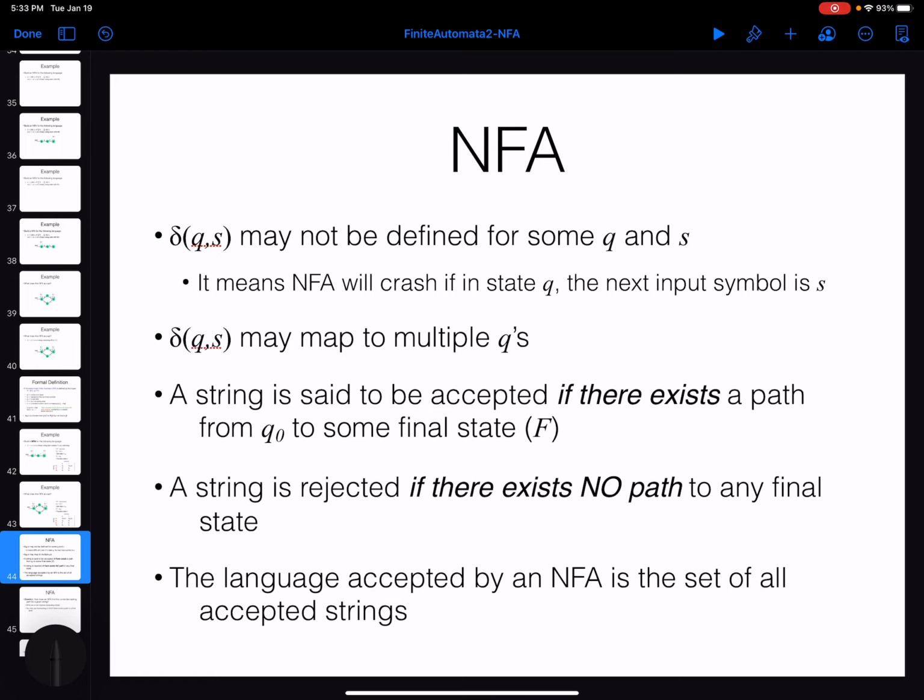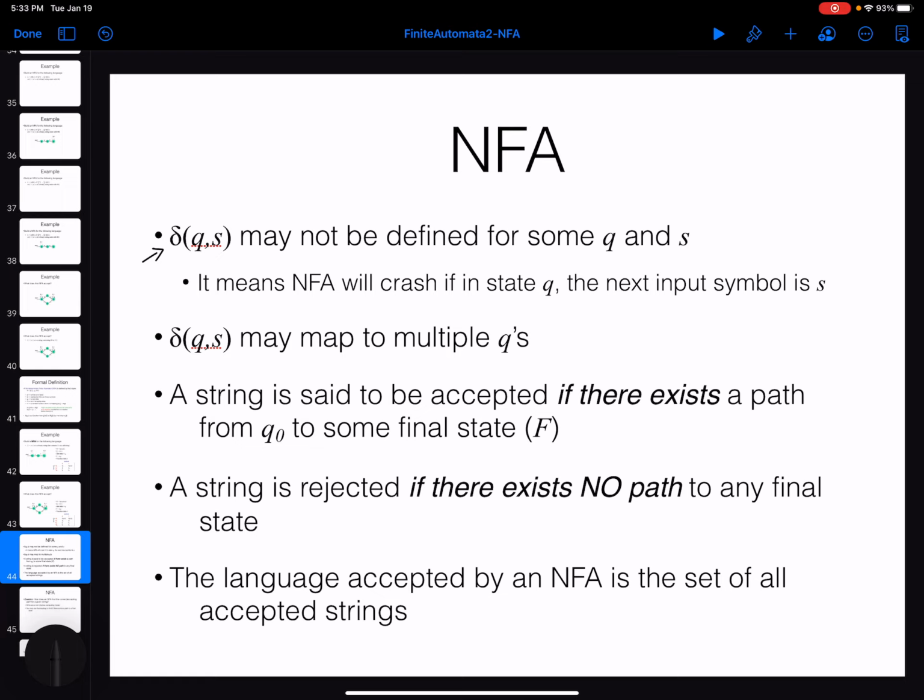So let's review a couple of facts about the NFAs. For some of the transitions, you might not have any state in the NFA. This property is not only in the NFA, in the DFAs as well, we do have this property.